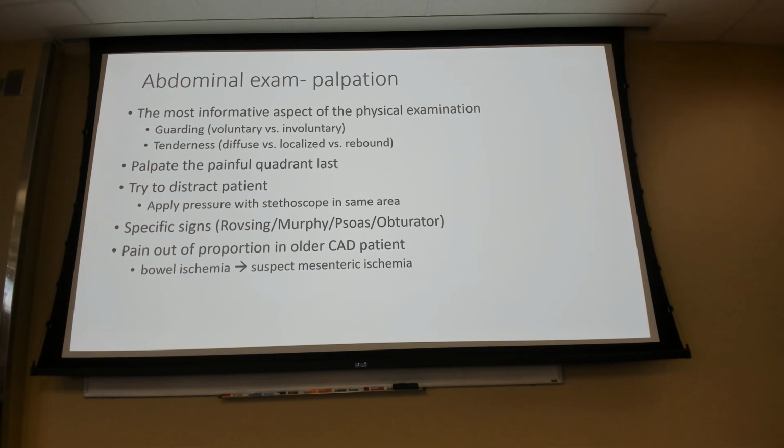It's something you may not key in on immediately, but it is a very important finding, and once you start to notice it, it's very easy to see, and you're like, why is this patient in so much pain when they have such a benign exam? It should tingle your spidey senses because you're evaluating them and it's a benign abdomen, there's not a lot going on. But looking at the patient, you're like, this patient looks really sick and in a lot of pain, so something else is going on, and you shouldn't ignore that.